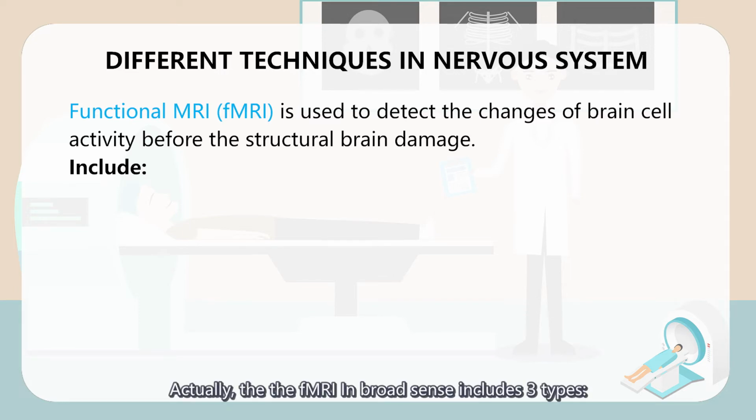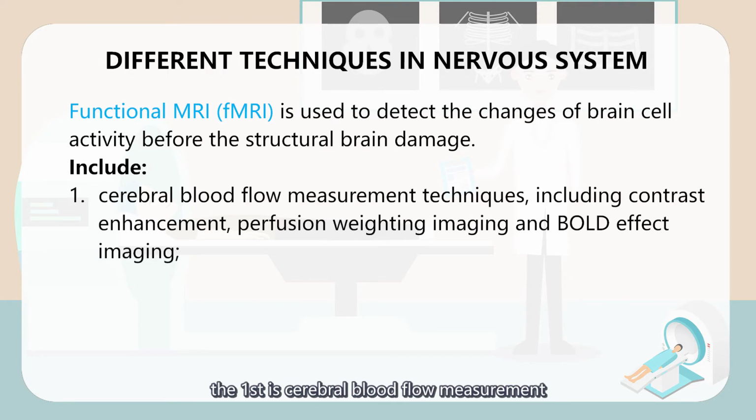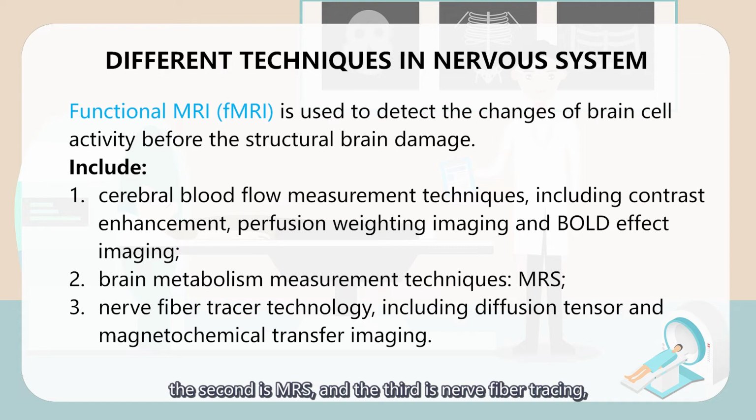Actually, functional MRI in a broad sense includes 3 parts. The first one is cerebral blood flow measurement, consisting of contrast enhanced perfusion and BOLD. The second is MRS, and the third is nerve fiber tracing, including diffusion tensor imaging and magnetization transfer imaging.